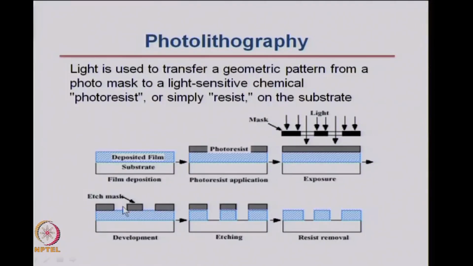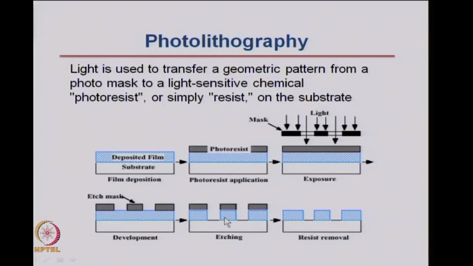Now, the next thing is you have to etch this exposed part of the deposited film. This exposed part of the deposited film can be removed using certain chemicals and that is called etching, and once you etch, now you have a gap here wherever the film did not have any covering of the photoresist, that part got removed completely.